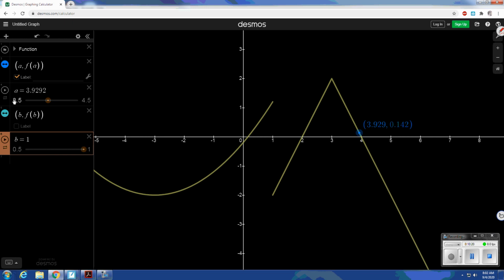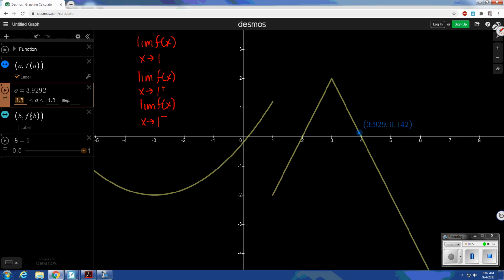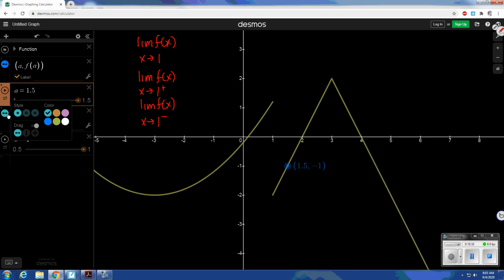We'll have A range from 1 to 1.5. We'll label this, and let's change the color here. And now that shows up. Okay, so we have both our points.